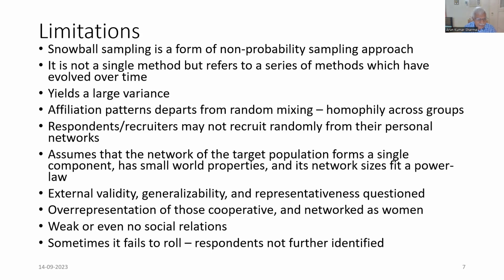Thus, respondents or recruiters may not recruit randomly from their personal networks. A recruiter or an individual in any way may know, say, 5% of the research criteria.